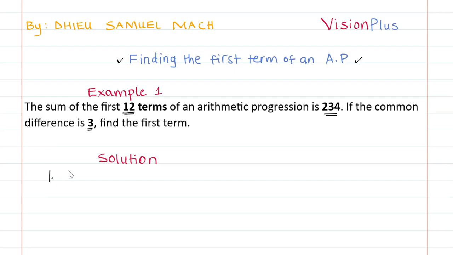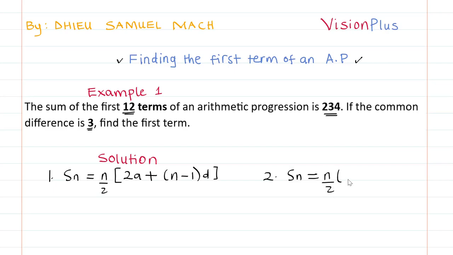One, the sum of the first n terms is n over 2 into 2a plus (n minus 1) times d. The second one is the sum of n terms equals n over 2 into (a plus l).